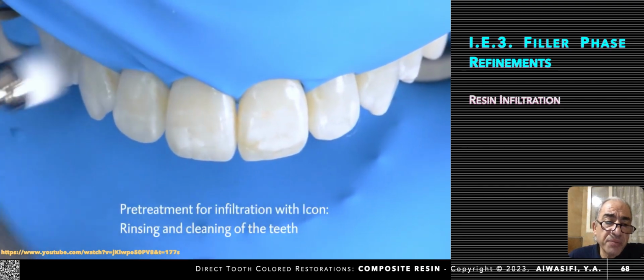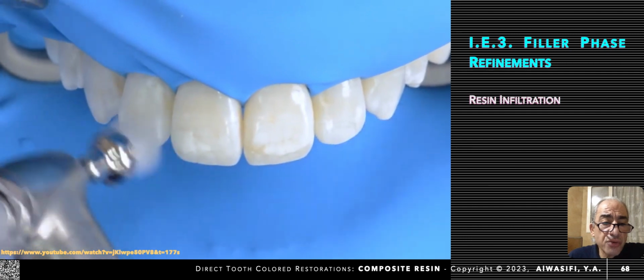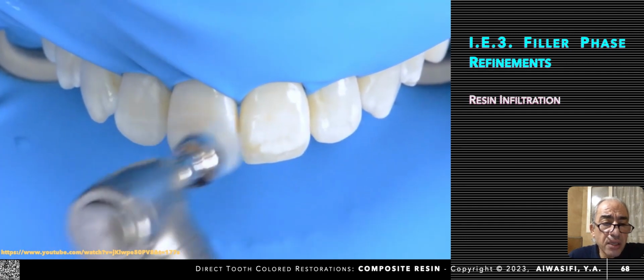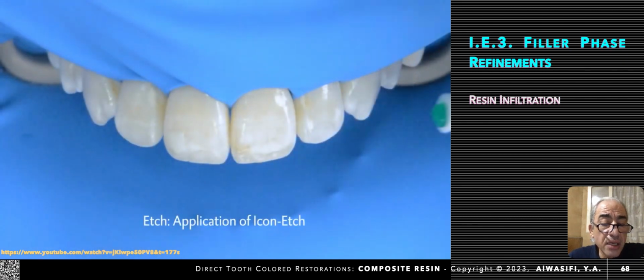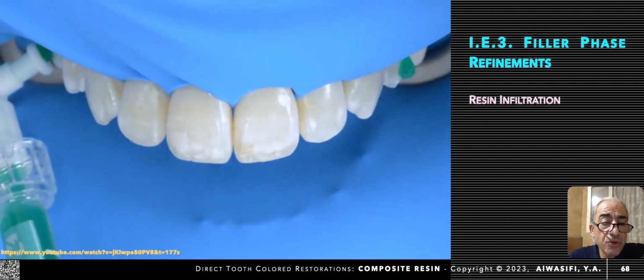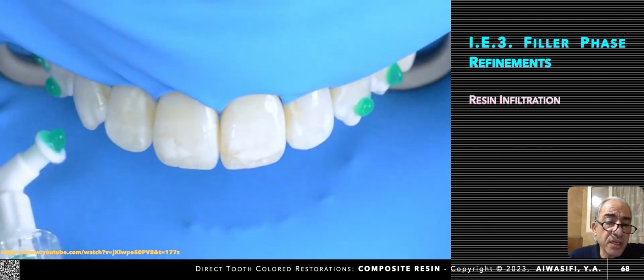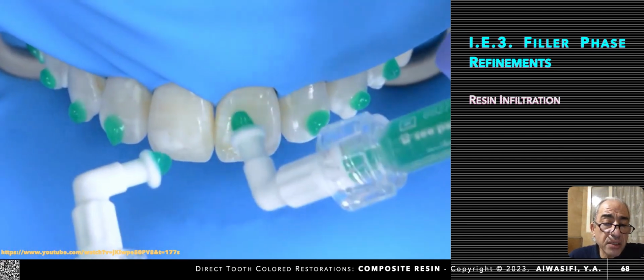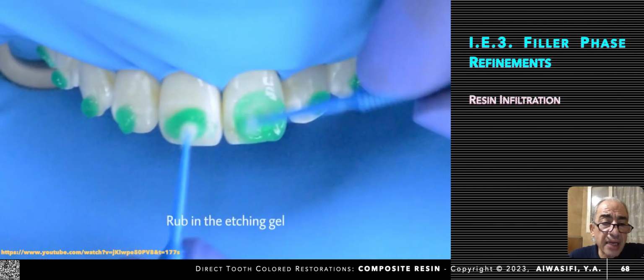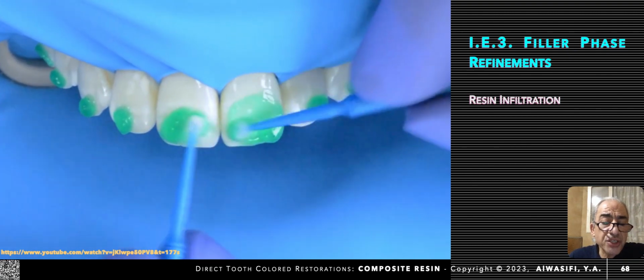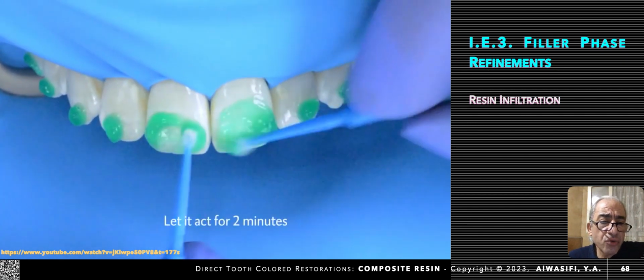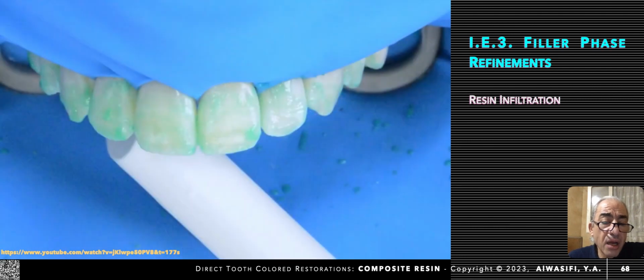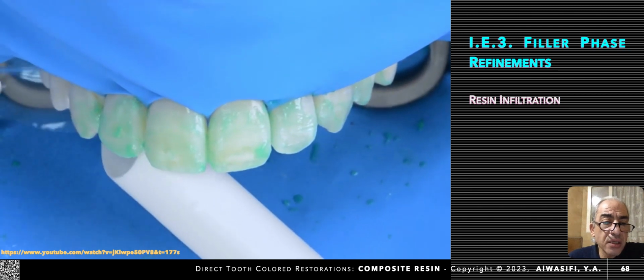First of all, isolate the teeth with rubber dam, then repolish the teeth to remove any stains, then apply the first etch, which is 15% hydrochloric acid for 2 minutes, but it is not a passive application, it should be an active application. You should rub the etching gel at least 20 to 30 seconds, and let the etching work on the tooth for at least 2 minutes. Complete washing.